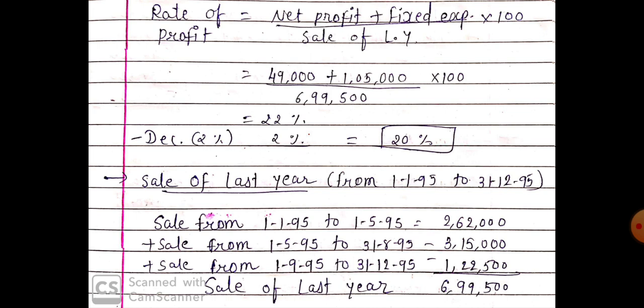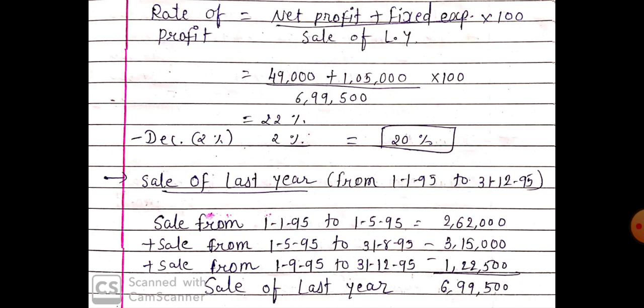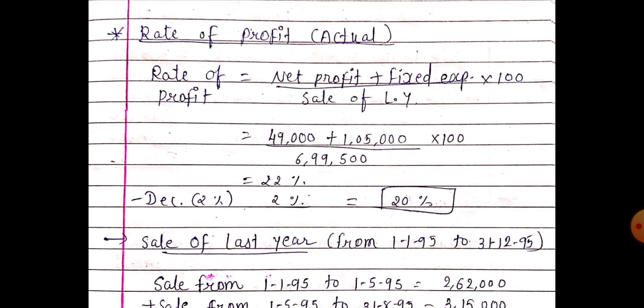Now total of all these three, and we get the sales of last year, 6,99,500. We put it in the formula. So we get the answer 22%, but in the problem we are given that the rate of profit is also decreased by 2%. So we deduct 2% from the 22%. So the answer is 20%. So our actual rate of profit is 20%.